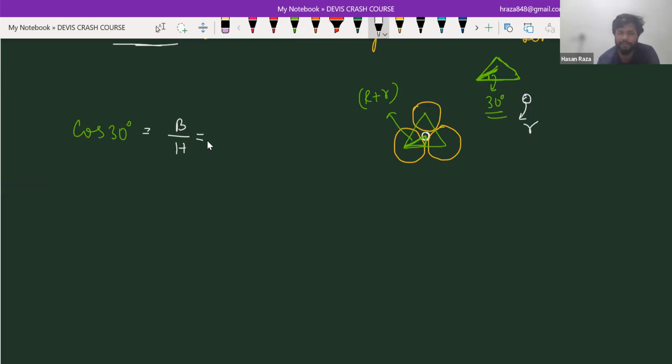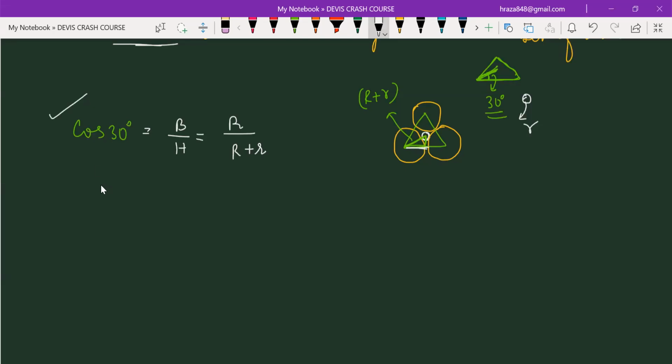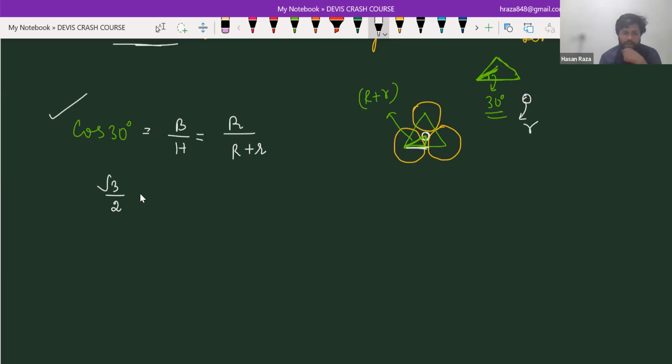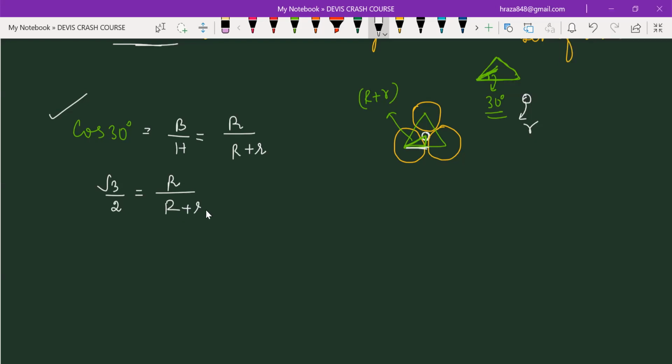This will be the base, so base is the radius of anion upon the hypotenuse, which is the sum of the radius of anion and cation, r plus r. Is that clear? Now cos 30 degrees has a value root 3 by 2, and we are going to solve it r plus r, and we are going to get the value of the radius of cation and radius of anion, and then we are going to write the range of that.